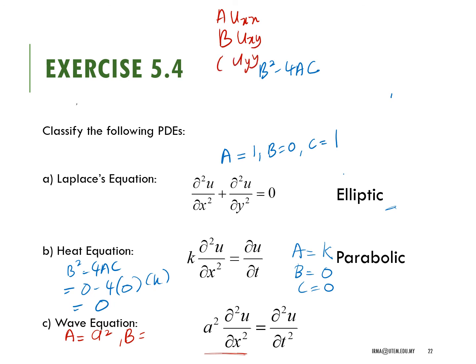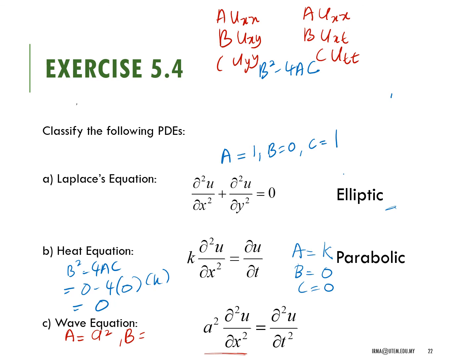If you have the equation in terms of x and t, then A is the coefficient for uxx, B is for uxt, and C is for utt. Just change the y to t.